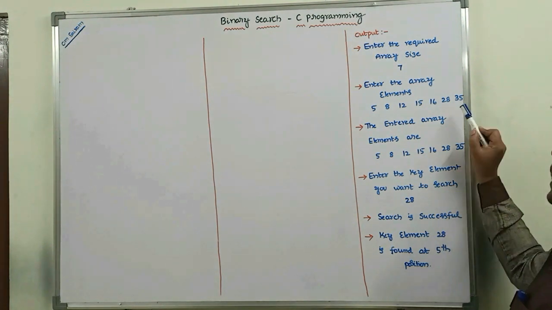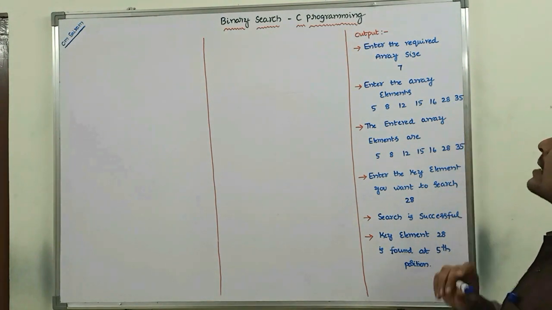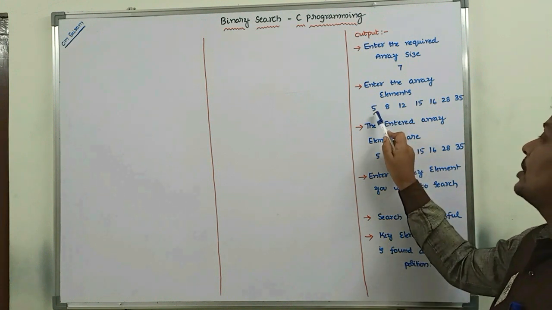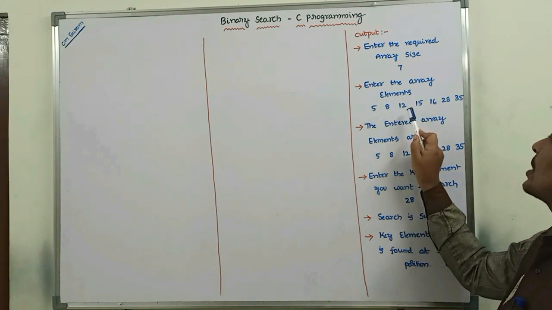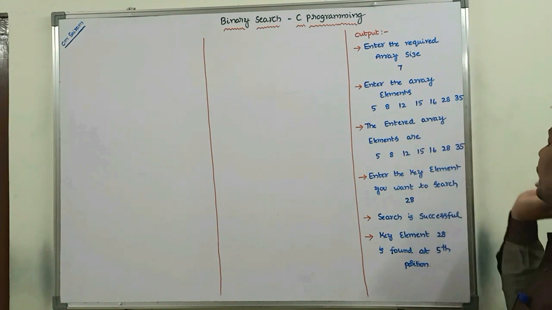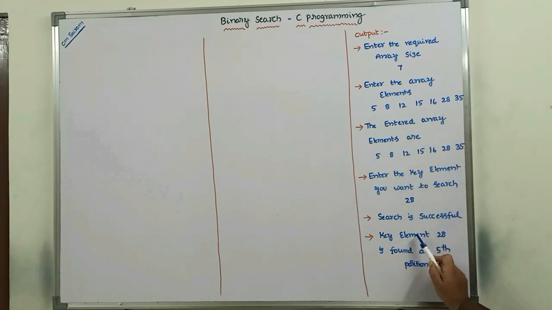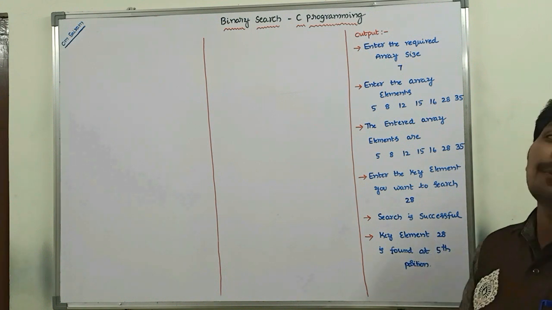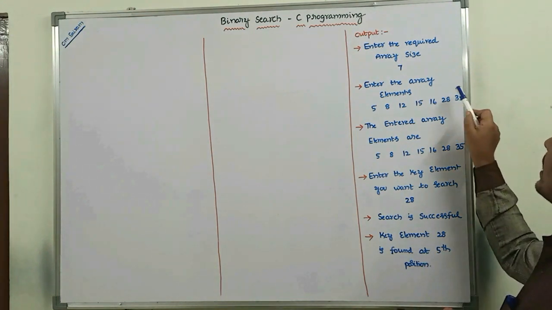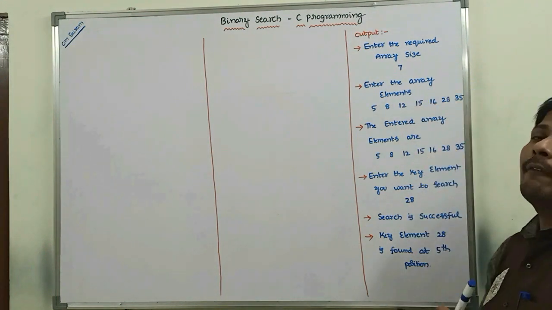Now, key element 28 is present in the given array at which position? This is the 0th position, 1st position, 2nd position, 3rd position, 4th position, 5th position. So key element 28 is found at the 5th position. Suppose the key element is not found in the given array.